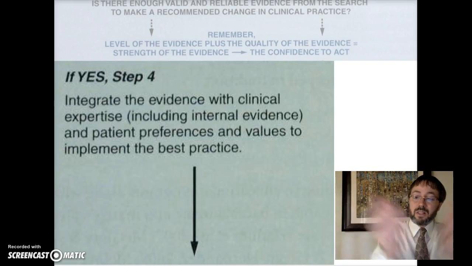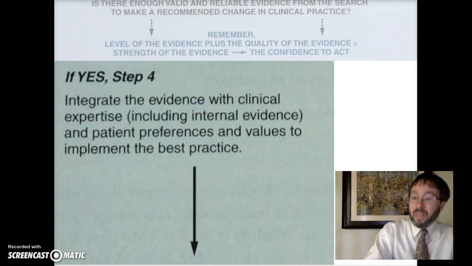You have to customize the findings to your context and think about patient, family, society, cultural values and norms and how those affect the implementation of the best available evidence. So that's what you do if the evidence exists. You critique it, you appraise it, and figure out how to bring it into practice.